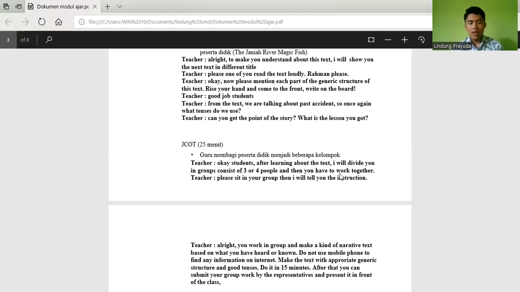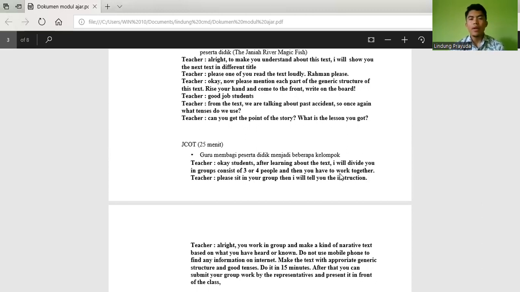They will combine their background knowledge about a story related to narrative text, and they will work together.